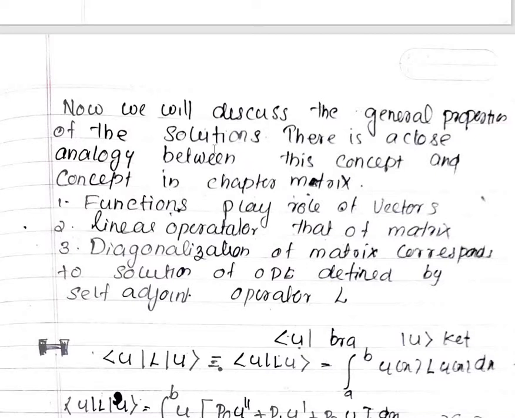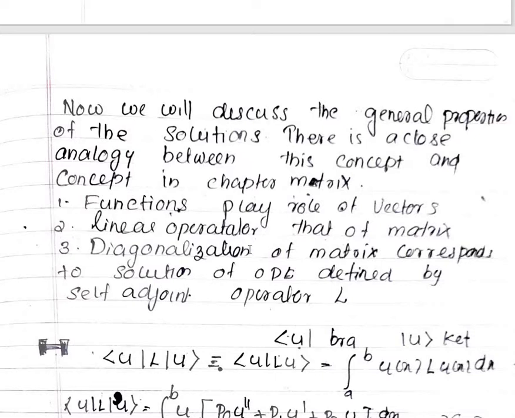There is a relationship between these second order differential equations and matrices. Linear operators play the role of matrices, and diagonalization of a matrix corresponds to the solution of an ordinary differential equation defined by a self-adjoint operator.